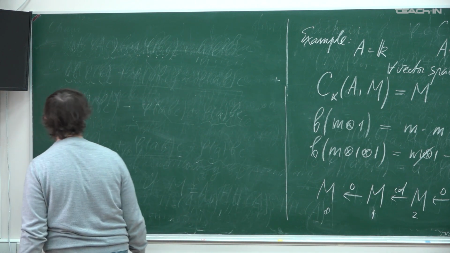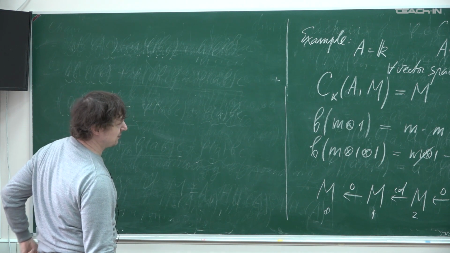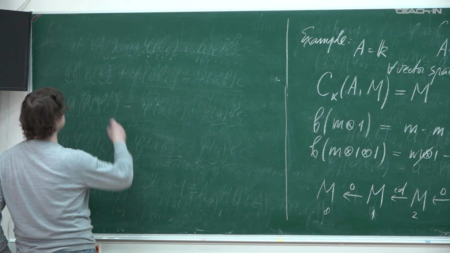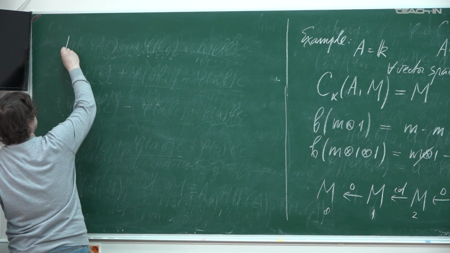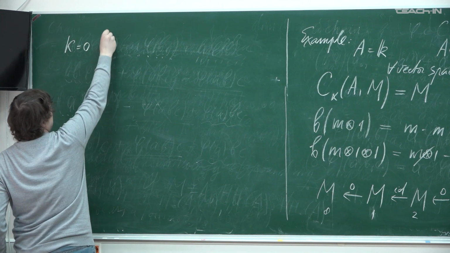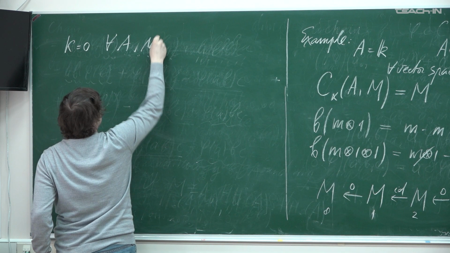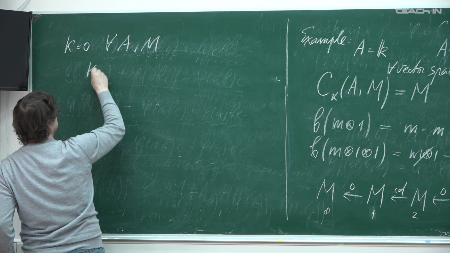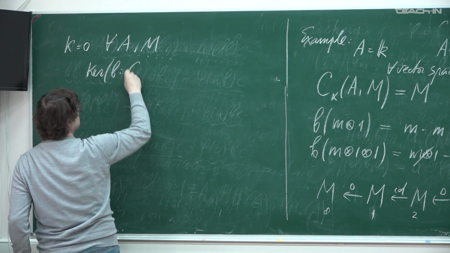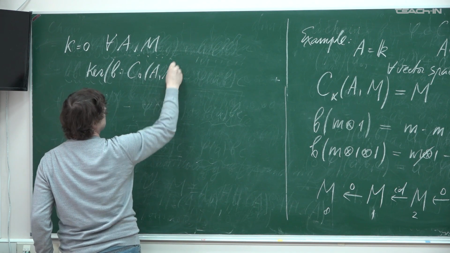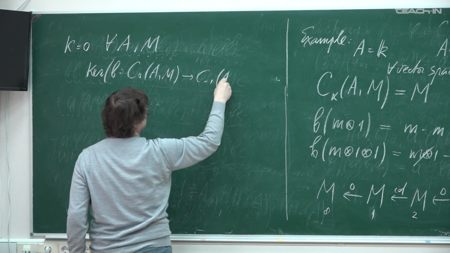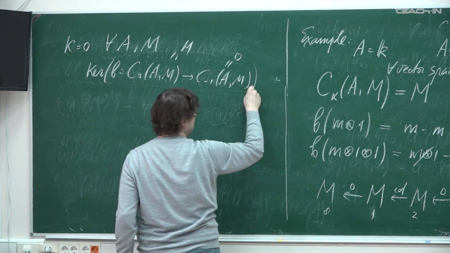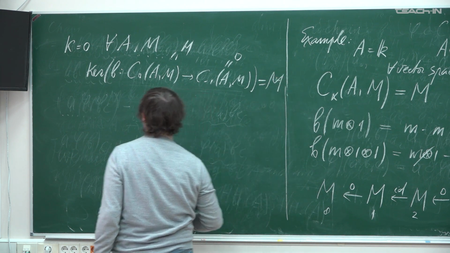Sometimes, though, in low dimensions, you can overcome the difficulties and describe the space of cohomology in some nice terms. For instance, if k is equal to 0, then for every M, what do we have? The kernel of the boundary map from C_0(A,M) to C_{-1}(A,M), which is 0, is M, equal to M, nothing else.